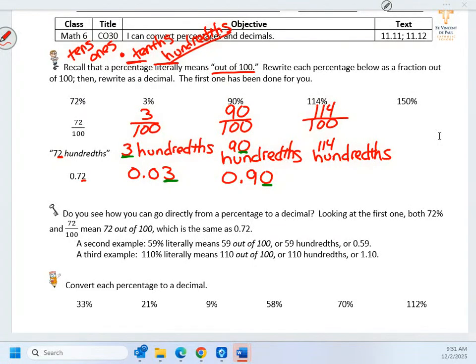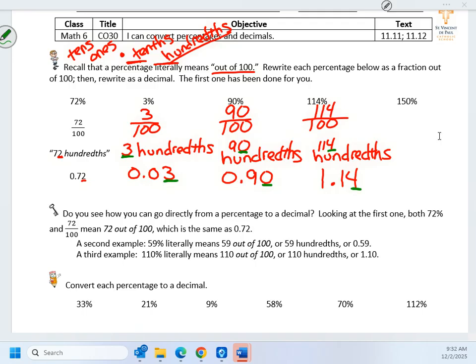What do you think, Audrey? 1.14. So we would call that 1 and, that decimal point, we use the word and, 1 and 14 hundredths. When we look at that, we see that 4 needs to be in the hundredths place.